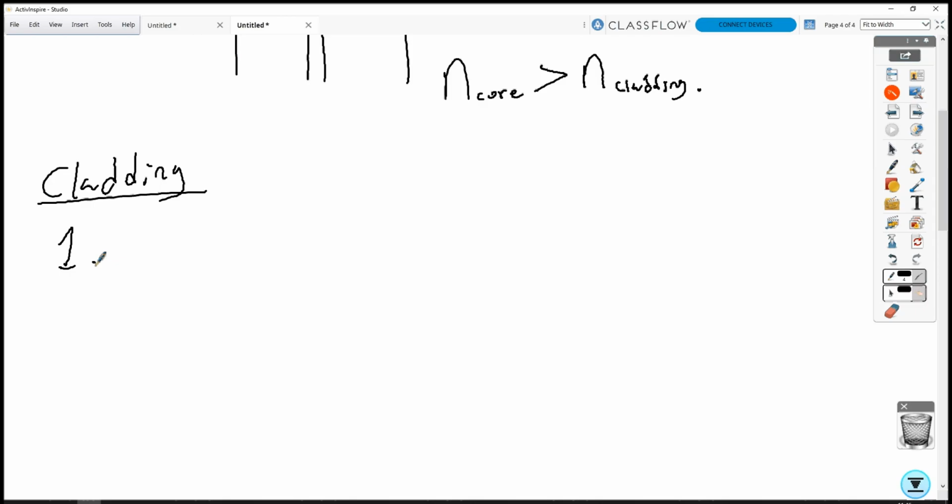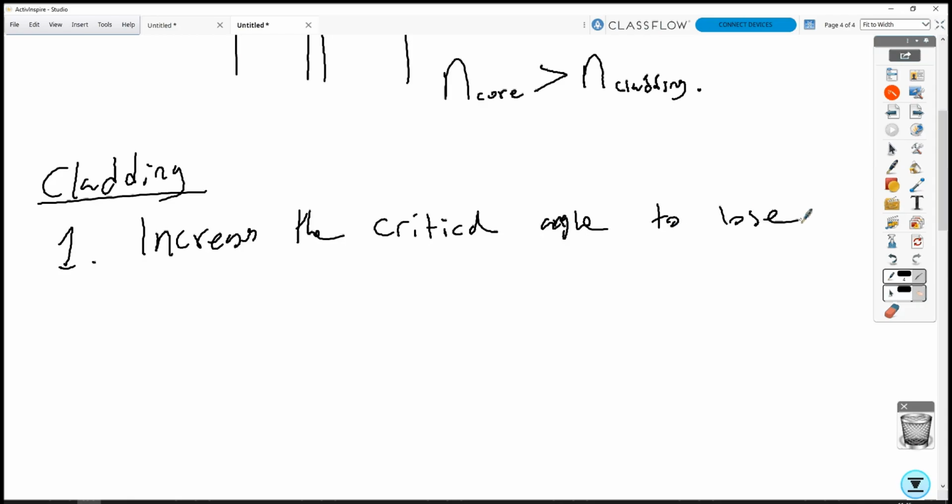You don't want the rays bouncing around too much. So it increases the critical angle to lose non-axial rays.